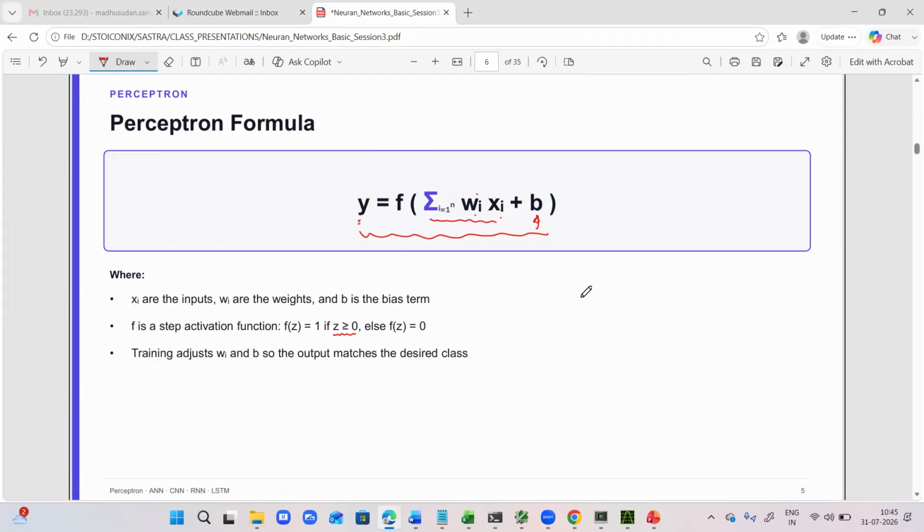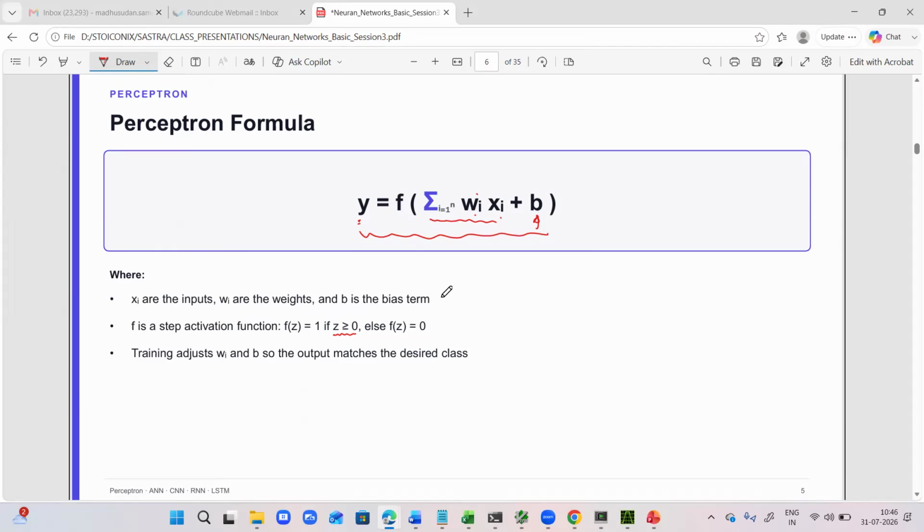But before we do that, we can formally write the perceptron architecture as a mathematical formula as follows. Y is a function of sigma i from 1 to n, wi xi plus b. The activation function, f of z, will produce an output of 1 if z is greater than or equal to 0.